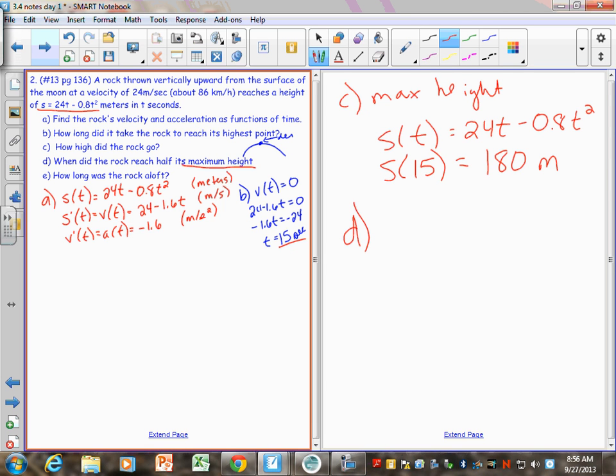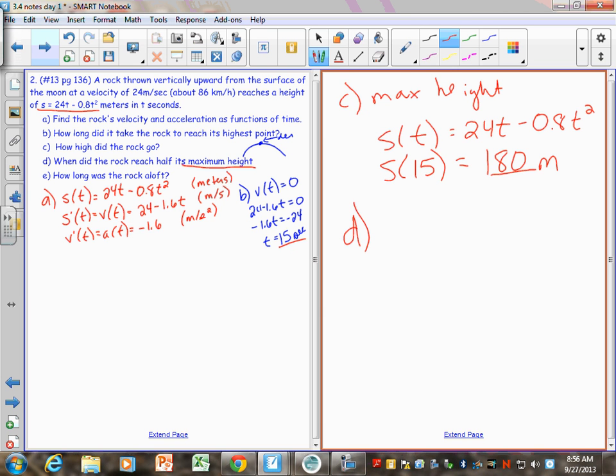Half its maximum height. So if we know its maximum height is 180, you agree half its maximum height is 90? So could we just set what equals 90? That height equation. I agree with you. And this is where this one's not so much fun.